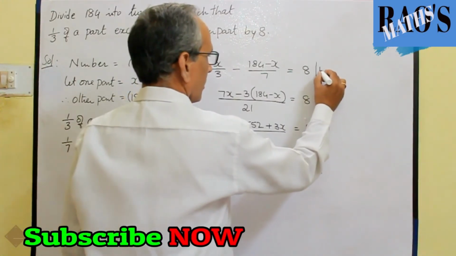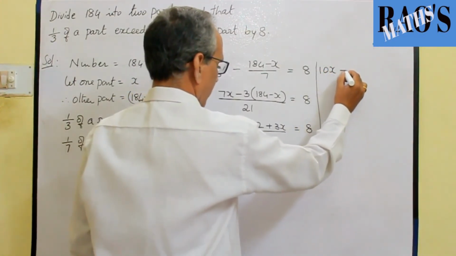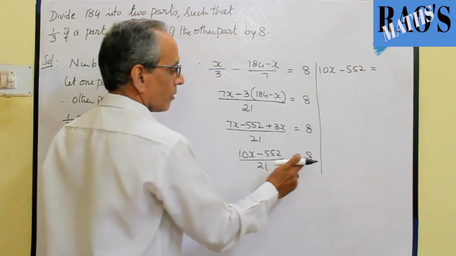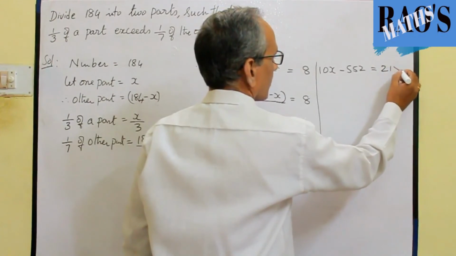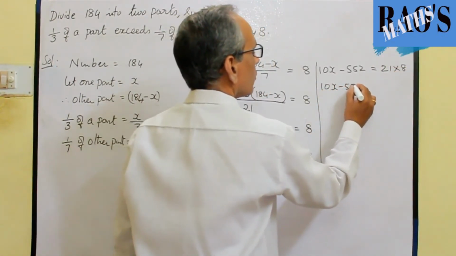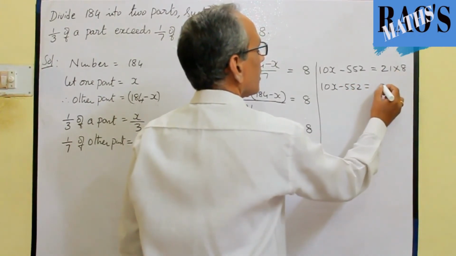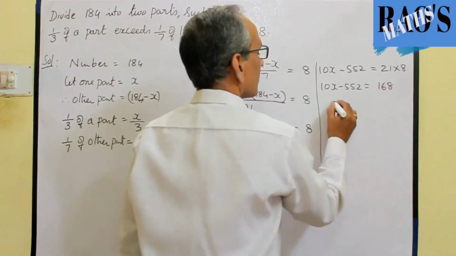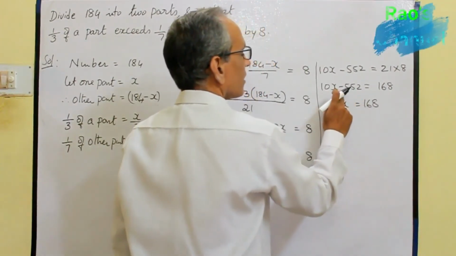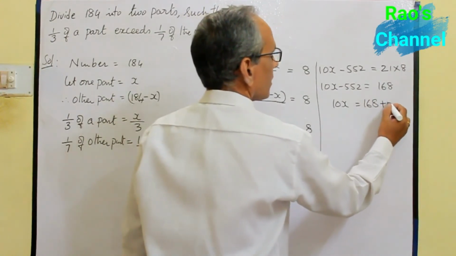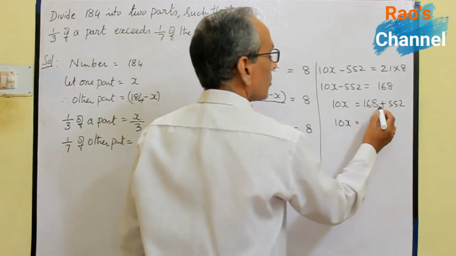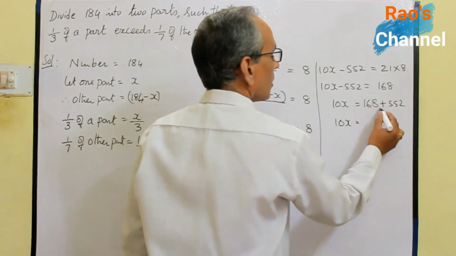So 10x minus 552 is equal to 21 into 8. So 10x minus 552 is equal to 8 21s, 168. Now 10x is equal to 168 plus 552, thereby 10x is equal to 720.